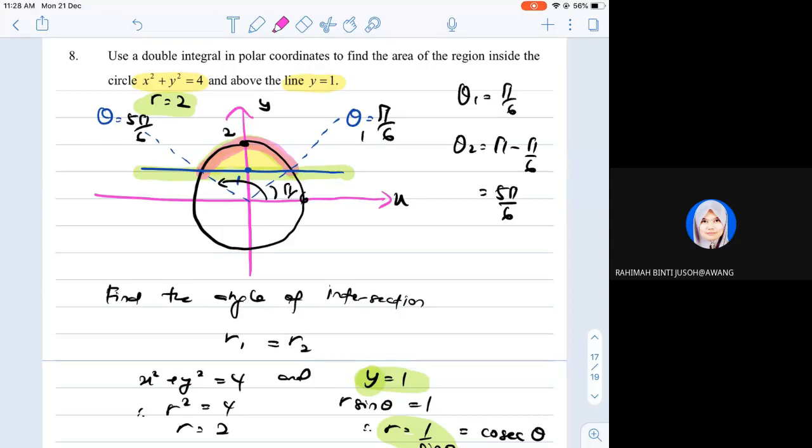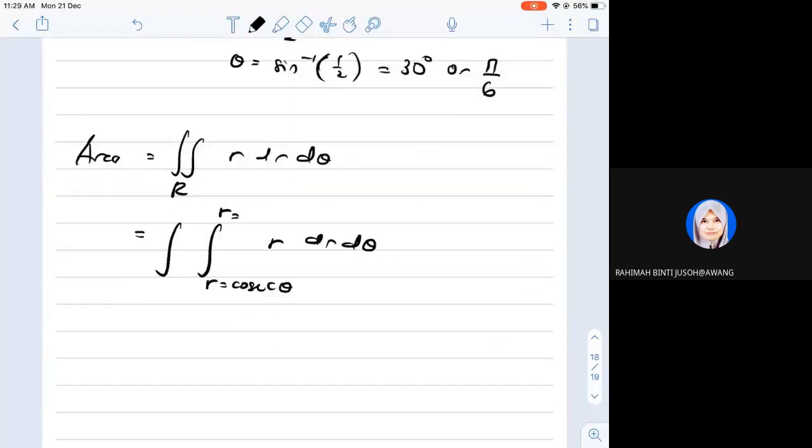The green color is the lower line, that's why we take it from y equals 1. We have r sine theta equals 1, so r equals 1 over sine theta, which equals cosecant theta. However, for the upper line, of course, the radius equals 2. So the upper limit of r should be 2. Understand?